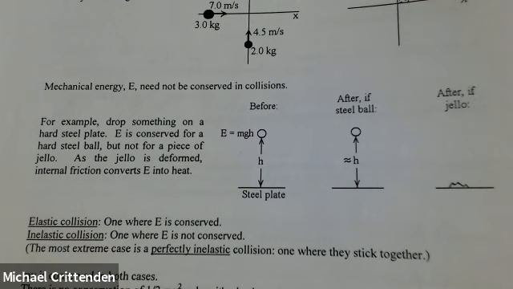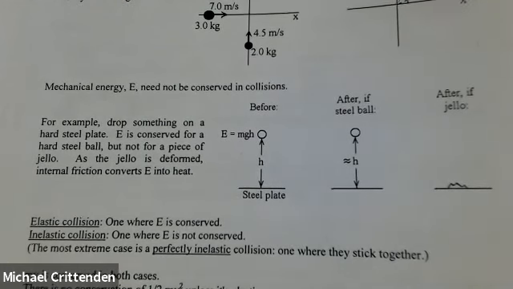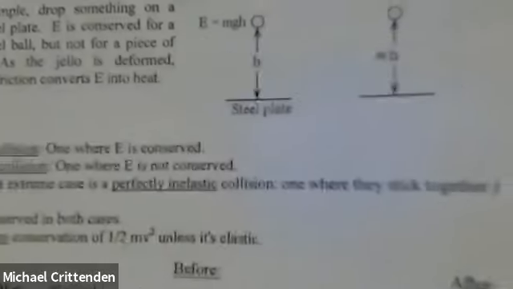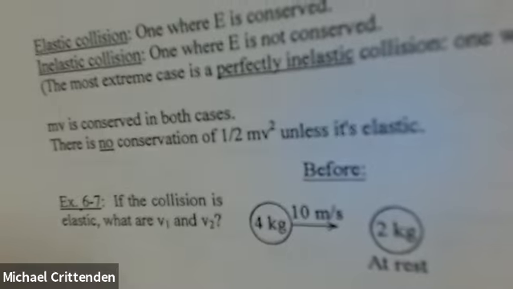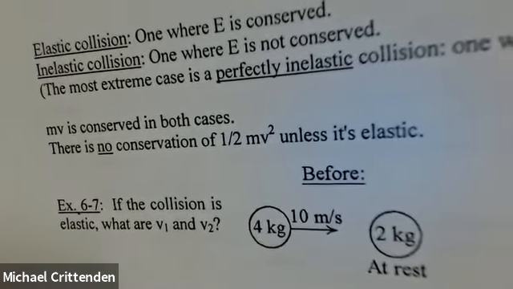So, point is, momentum is always conserved in any collision, but unless you're specifically told you can use energy, for example, this example that's coming up next, number 7, says the collision is perfectly elastic. Unless it says something like that, you may come to grief by trying to use conservation of energy.